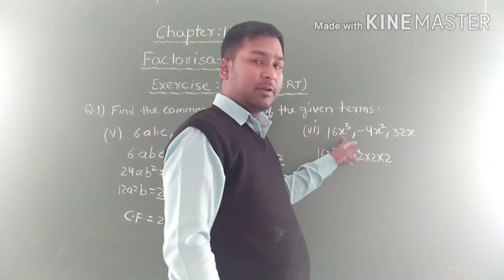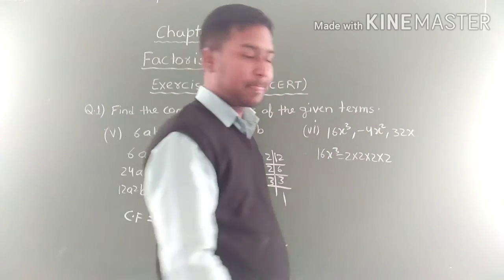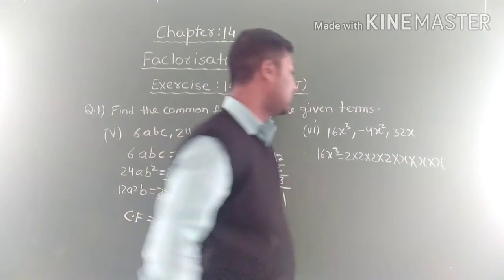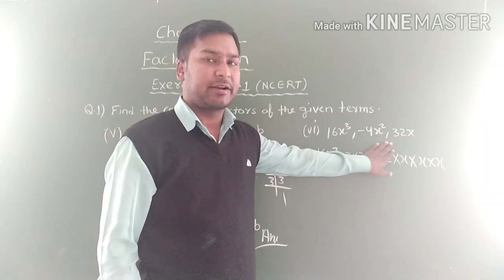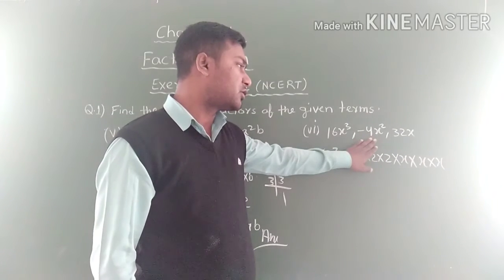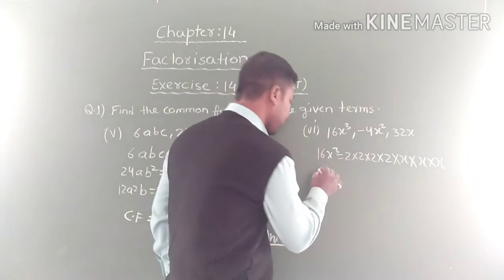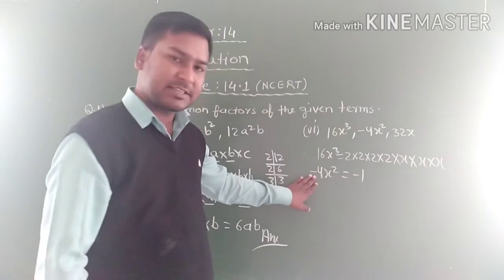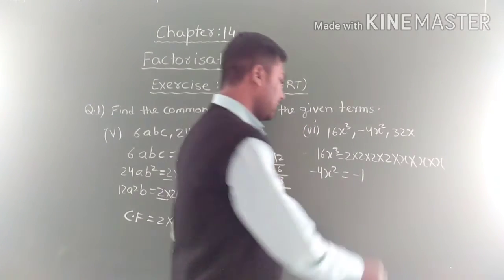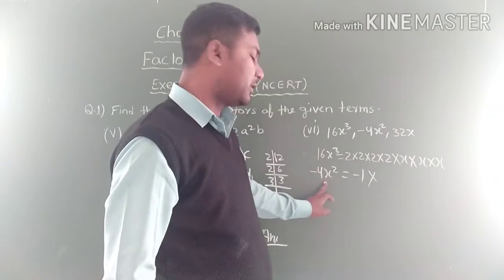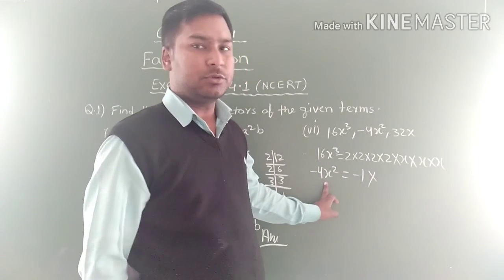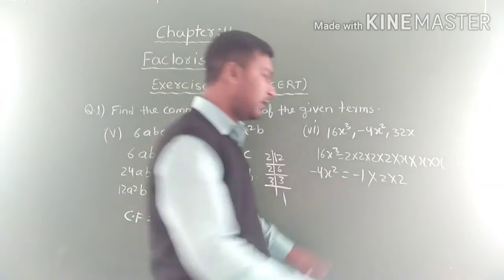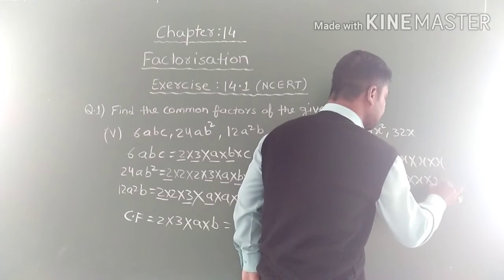The factor of x cube will be 3 times x. Similarly, minus 4x square. The factors of minus 4x square will be minus 1, because there is a minus sign, into 4. The factor of 4 will be 2 into 2. Now the factor of x square will be x into x.